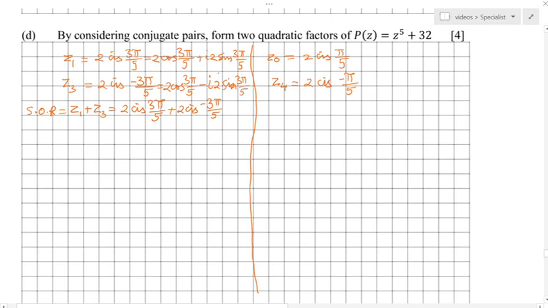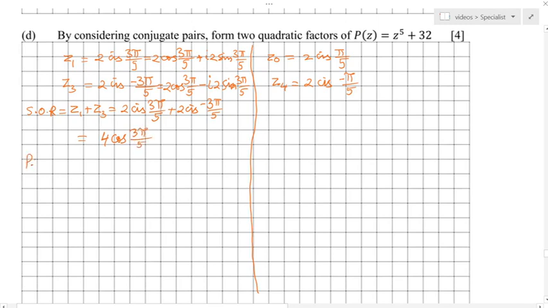They are conjugates, we can see that, because the imaginary parts have opposite signs. So we need to add them together. When we add these two roots together, we are only left with real parts. So 2 cos 3 pi over 5, and this 2 and 2 becomes 4. You get 4 cos 3 pi over 5.